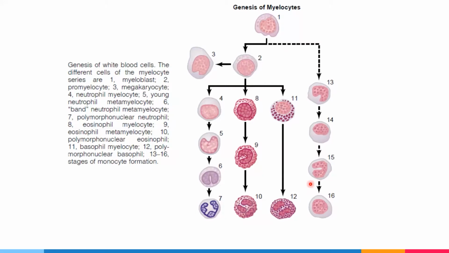We will learn about all of this in detail. Leukocytes also have another branch, which are the lymphocytes, the T cell and B cell lymphocytes that are essentially associated with the immune system of our body.